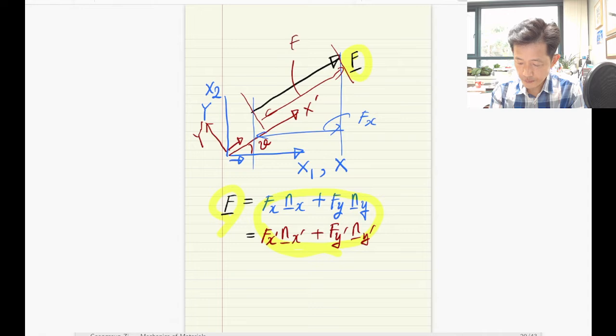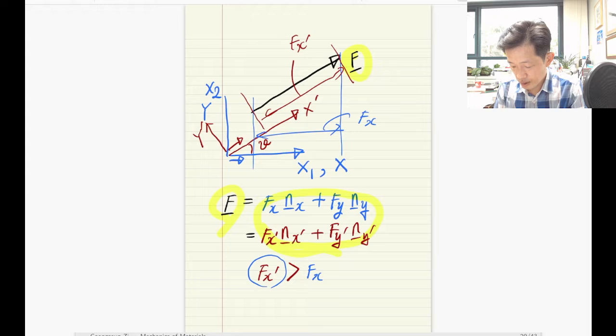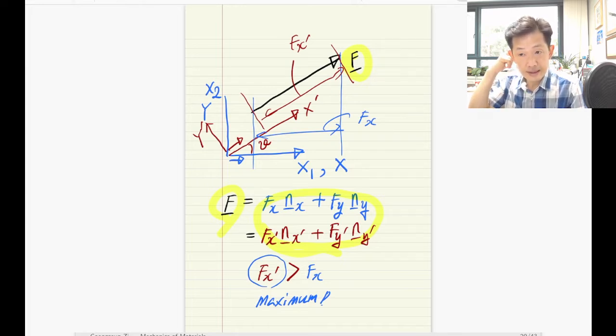This is Fx prime. And here, graphically, we can easily understand that Fx prime must be greater than the blue Fx, isn't it? So typically, probably Fx prime would be the maximum one. Okay. So depending on this observation direction, there exists a certain direction where we have the maximum projection of the force vector. The same principle can be applied to the stress condition.